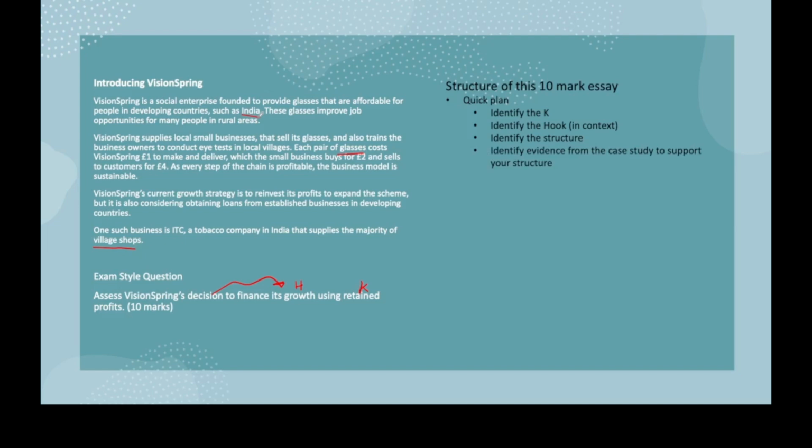We're going to think about the evidence for this. Well, the evidence that we might use in favour is we understand that it is sustainable. Okay, so this could be my plus evidence as a plus. And then it could be that you've obviously got these guys down the bottom. They're thinking about a loan. We're not just going to introduce another form of finance because the case study is generous.